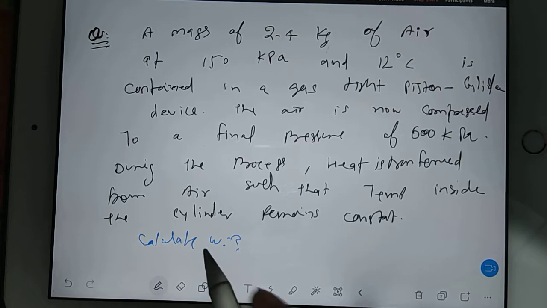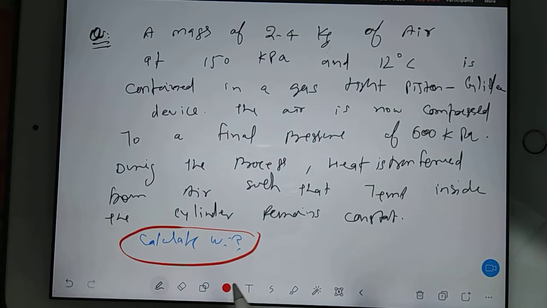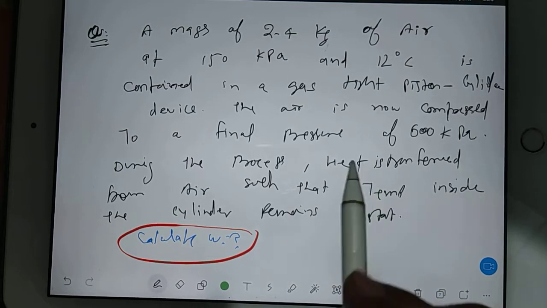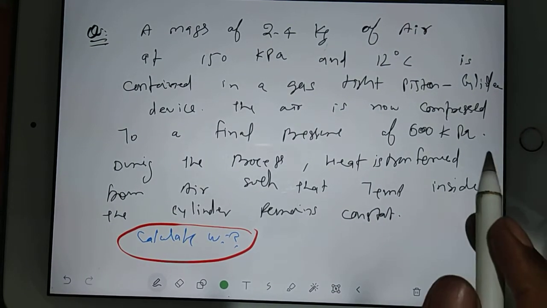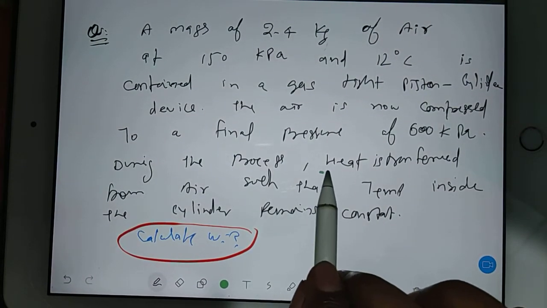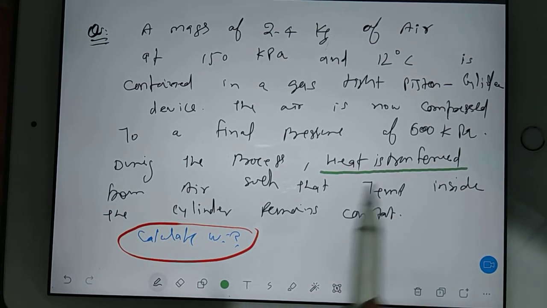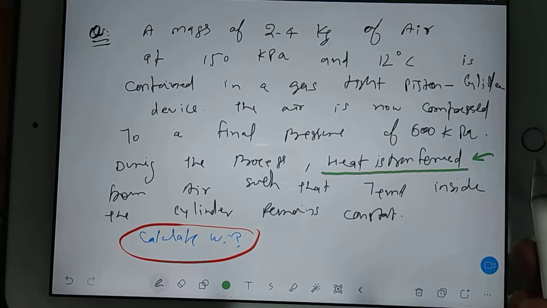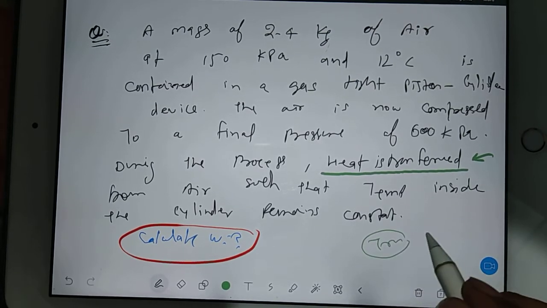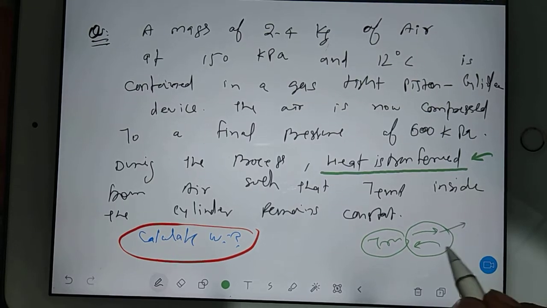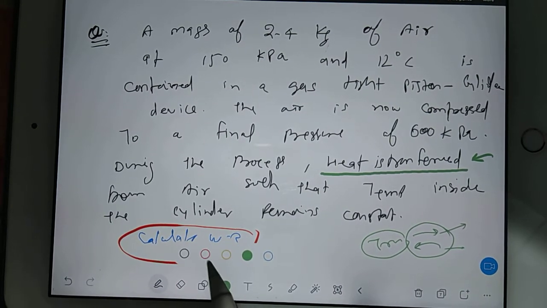Now see here, whatever we have to calculate, that is different. First you understand the physical feel of the question. See this interesting point here. In our daily life, whenever you are transferring heat, transfer means two things: input or output. How will you judge? In the sentence itself you have to judge input or output.